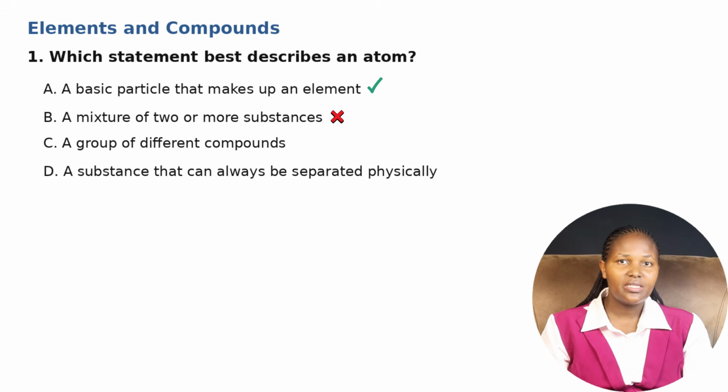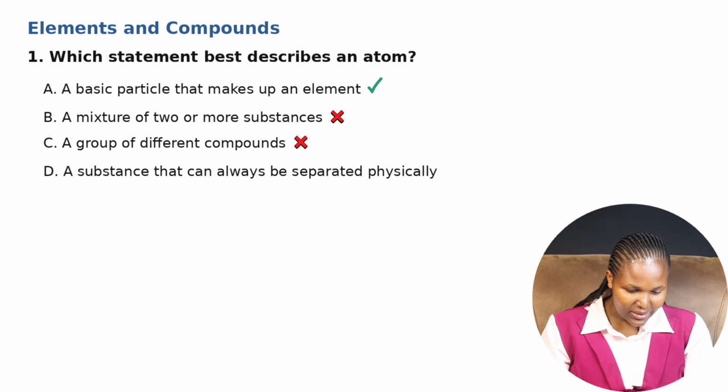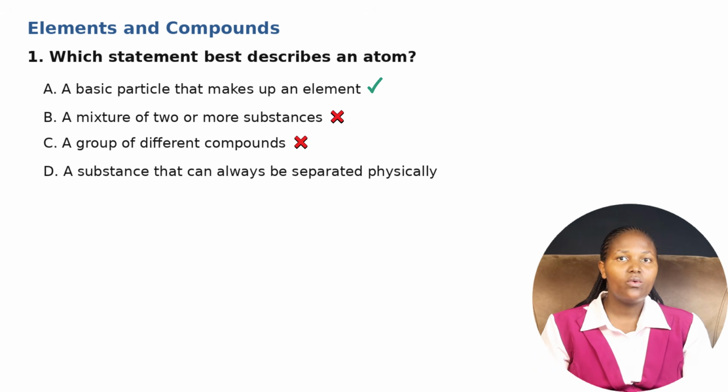That describes a mixture, it's not an atom. Option C talks about compounds, which are made when atoms of different elements combine chemically. Then option D says that a substance can always be separated physically. Now that is also incorrect, because whether a substance can be separated physically depends on whether it is a mixture, not whether it is an atom.